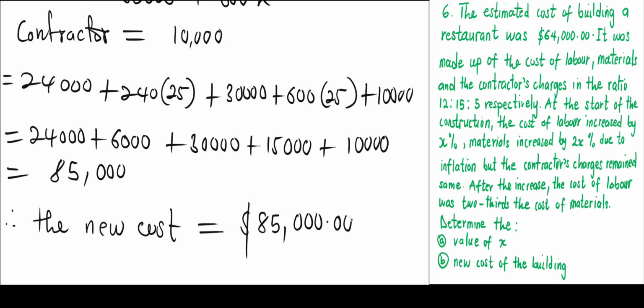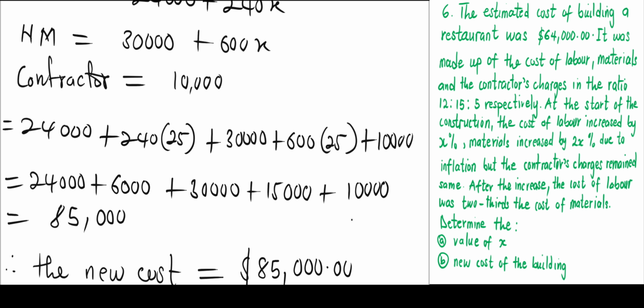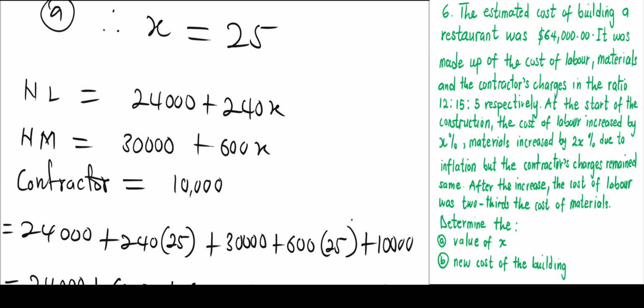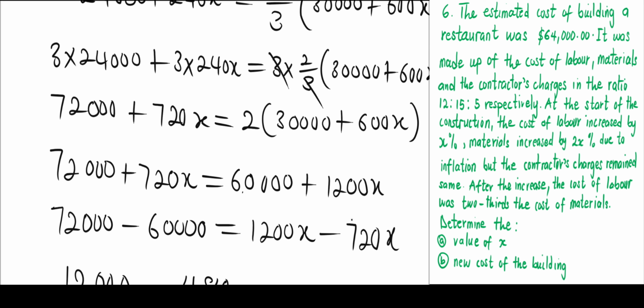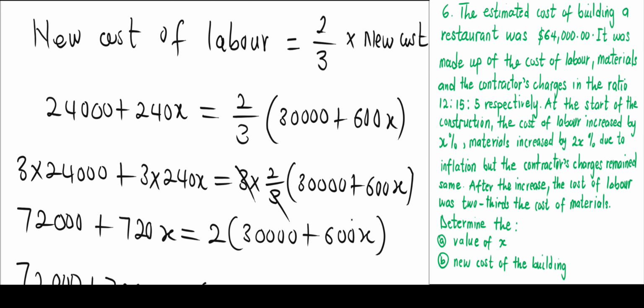And it was given that after the increment, the cost of labor was 2/3 the cost of materials. So it means you need to bring the new cost of labor, which we have here, 24,000 plus 240x, and that will be equal to 2/3 the cost of what?